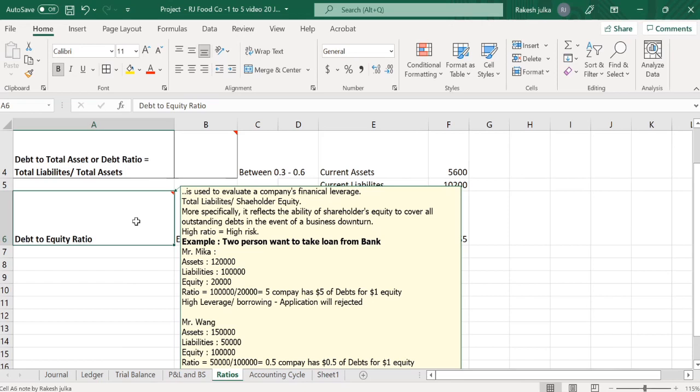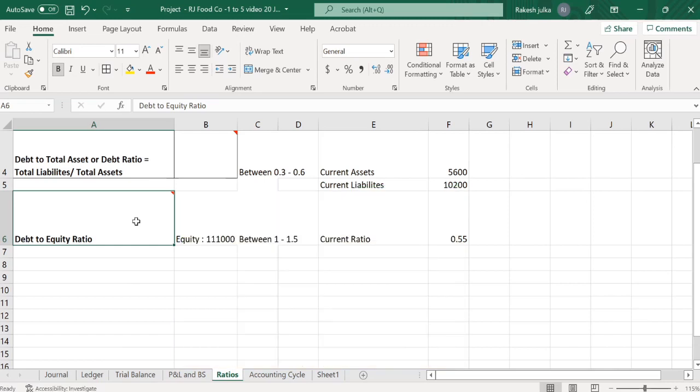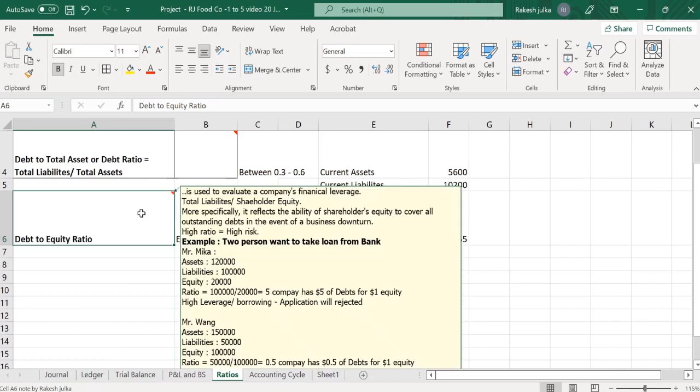More specifically, it reflects the ability of shareholders' equity to cover all outstanding debts in the event of business shutdown or downturn. A high ratio means high risk.